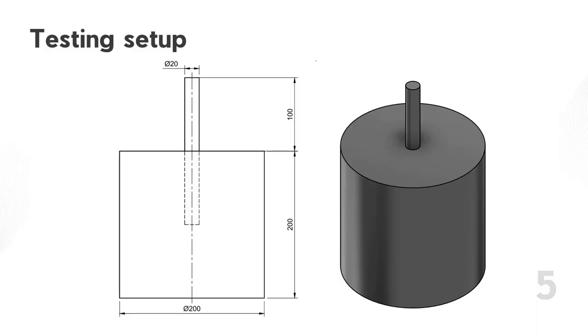In this testing setup, we will create a concrete cylinder with a diameter of 200 millimeters and a height of 200 millimeters, and a reinforcement bar with a total length of 200 millimeters, where half of the rebar is embedded inside the concrete.